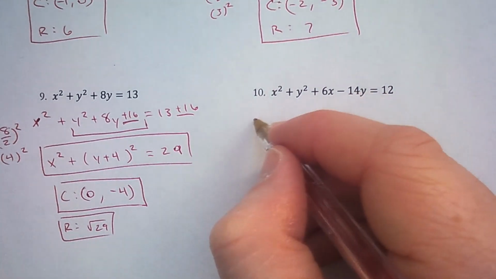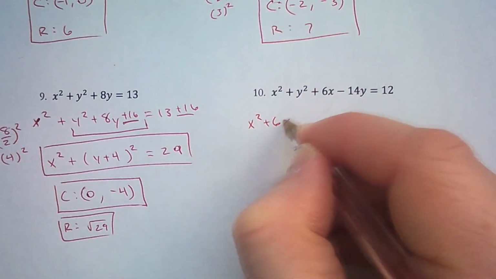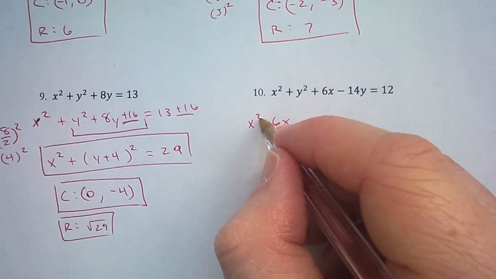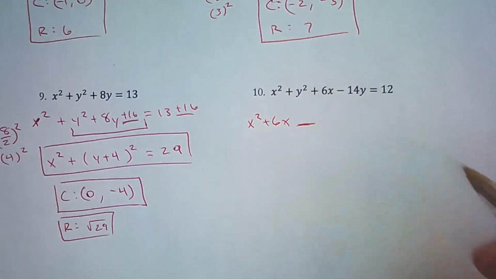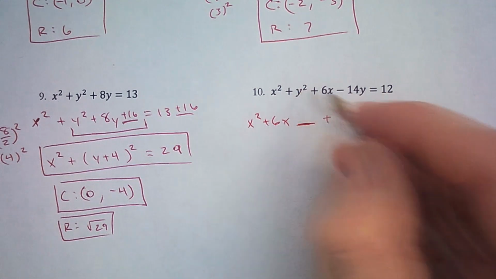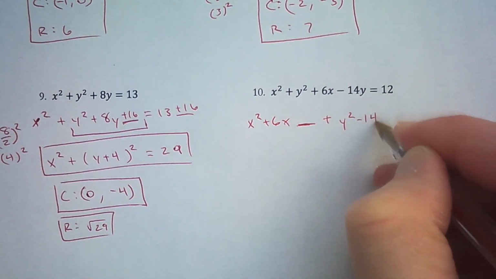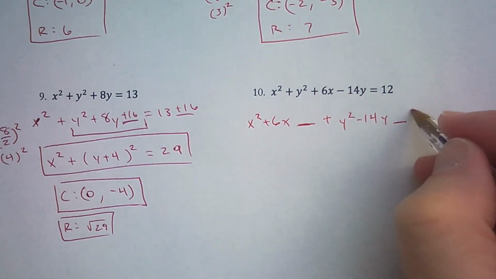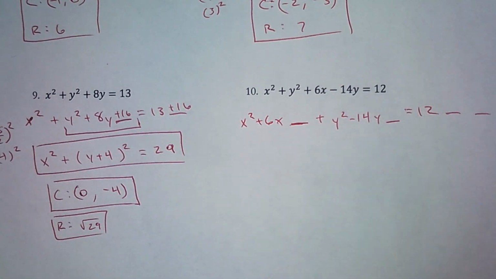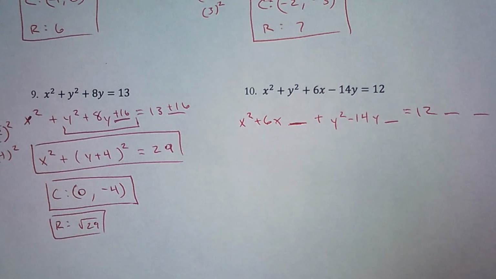And then number 10, x squared plus 6x. I'm collecting my like variables, and I have a second power, I have a first power, I need a blank for a new c. And then I have y squared minus 14y and a blank equals 12, and I have 2 blanks on the left side, I need 2 blanks on the right side.